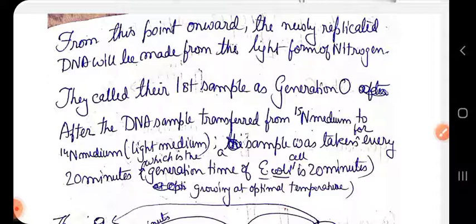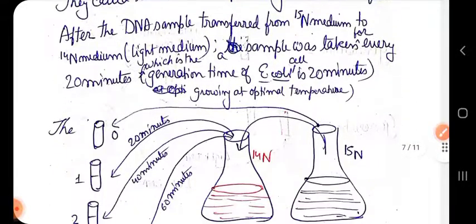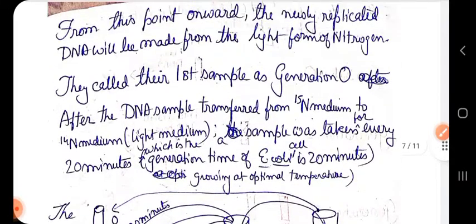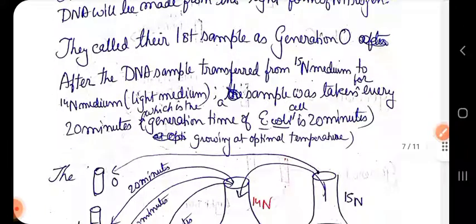So the first sample is called generation 0 because it was directly taken from the culture medium of the N15 form of nitrogen. After that, when the sample was transferred from the N15 medium to the N14 medium, the light form of nitrogen source, a sample was taken every 20 minutes because we know the generation time of E. coli is 20 minutes.